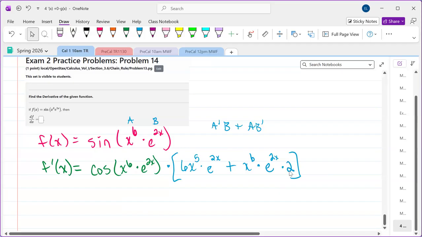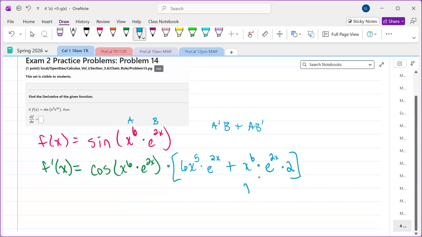I mean, you could just write the 2 in front. So if you look at this and you're like, oh yeah, it's going to be multiplied by 2, you just write 2 x to the 6th, e to the 2x, or you write 2 e to the 2x, x to the 6th. Any of those are fine.